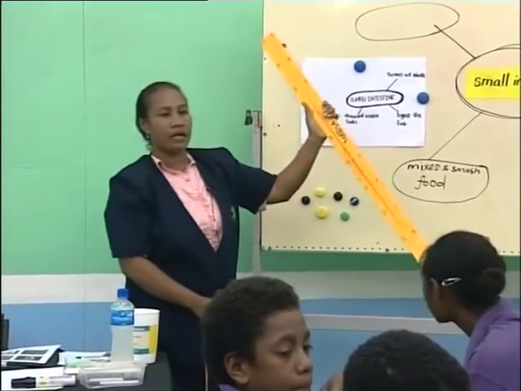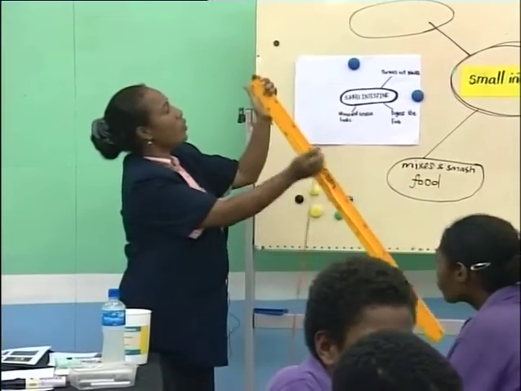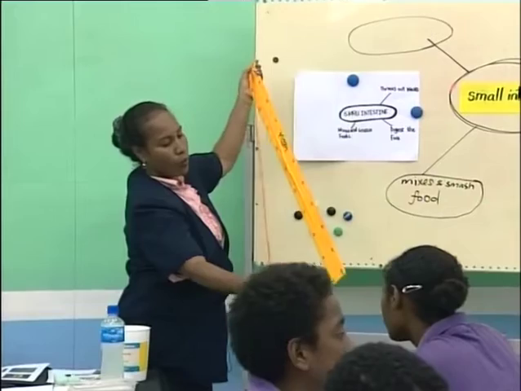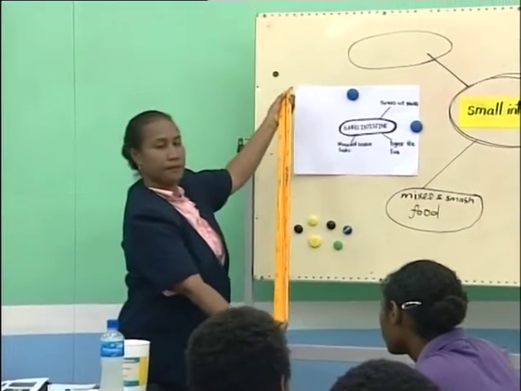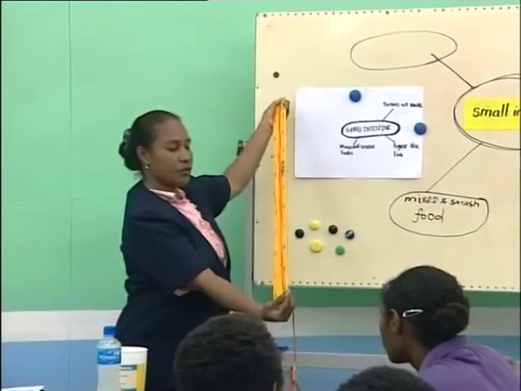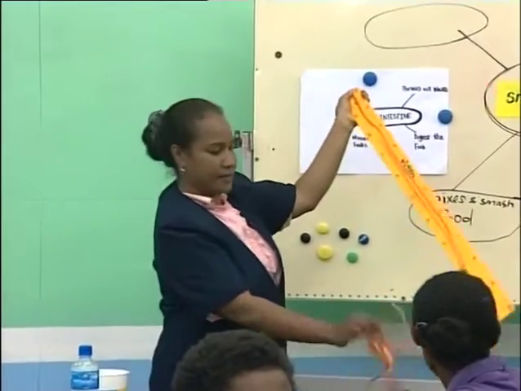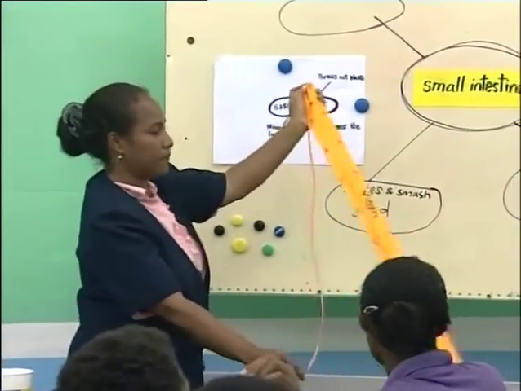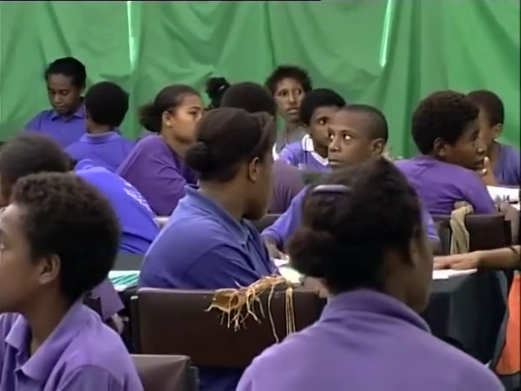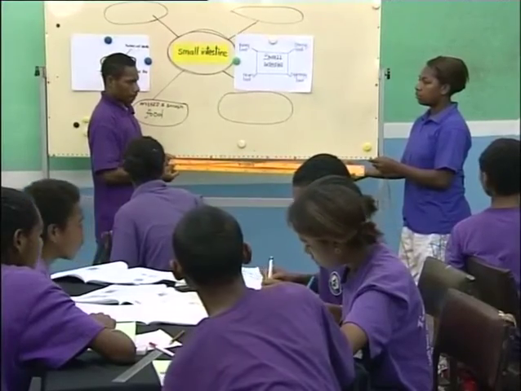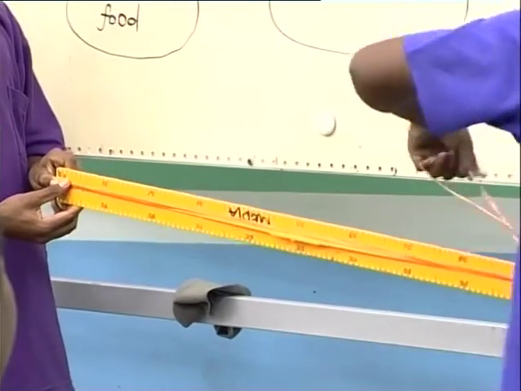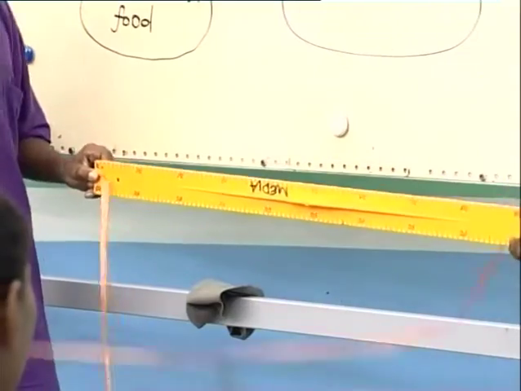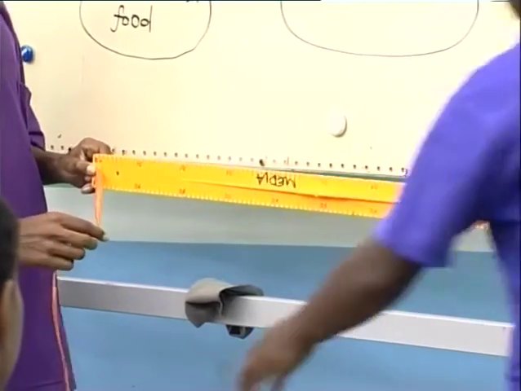So this is a 1 meter ruler, right? Okay, so we start from 0 centimeter all the way to 1. So that's 1 meter. We need a boy also to help. Okay, and you do the rest. Let's have your table mates, one of you. Thank you. All right, class, let's have a look again. Yes.